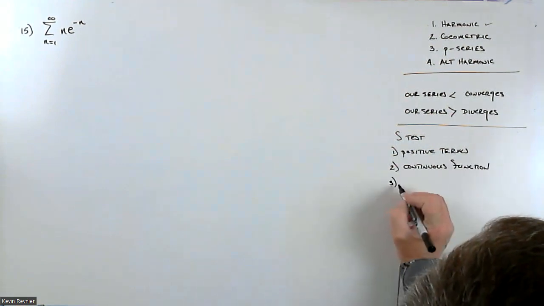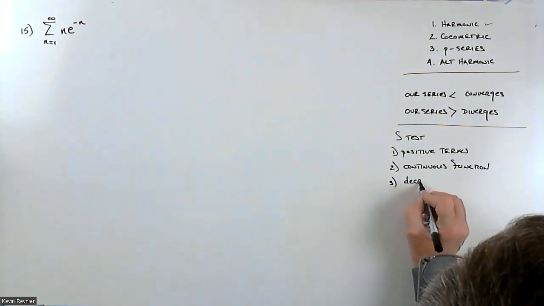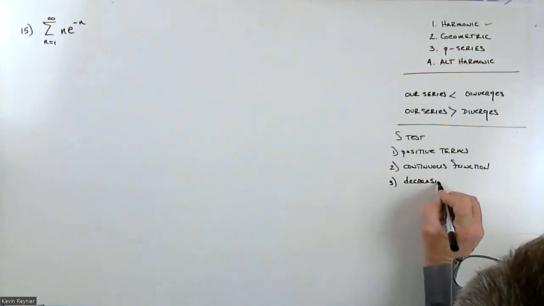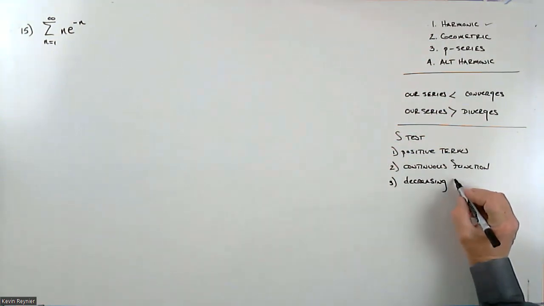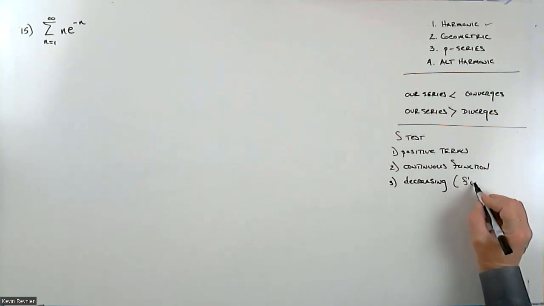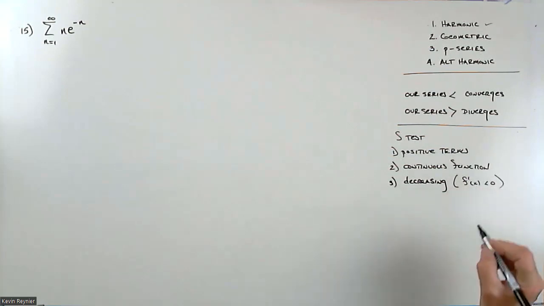And third, we have to show decreasing. Okay, this is what we have to show. Decreasing, we're generally going to do that with the derivative. Show that it's less than 0.